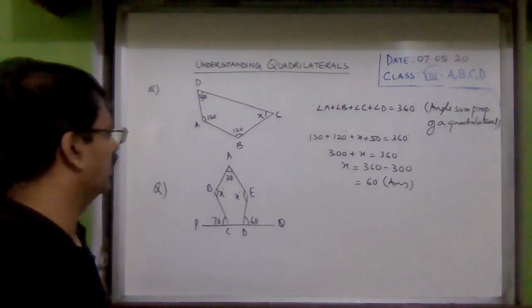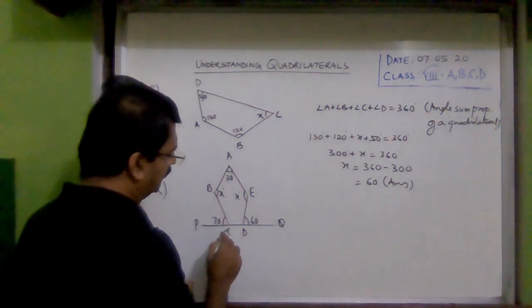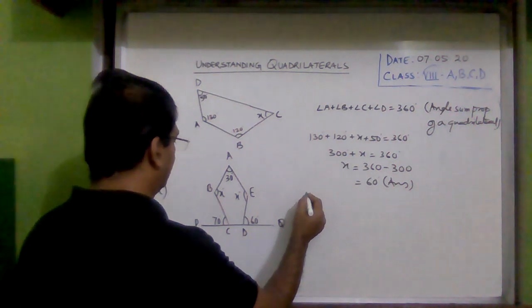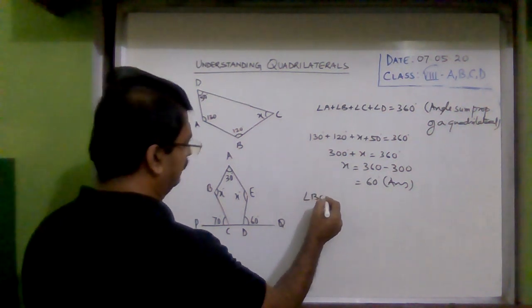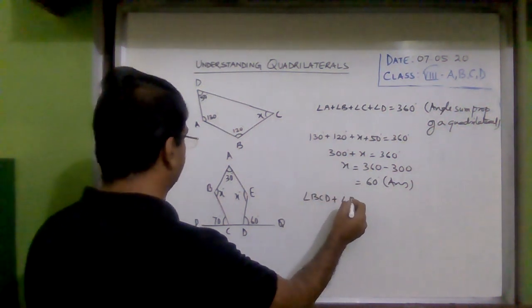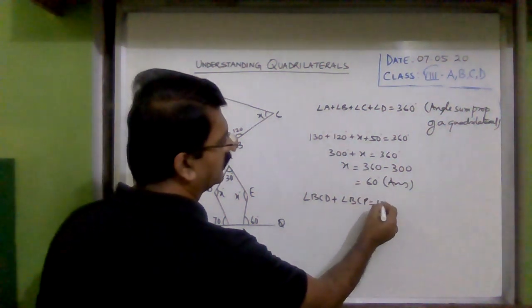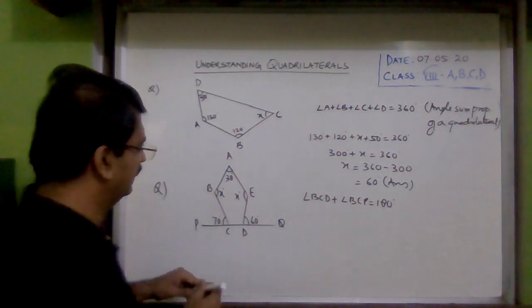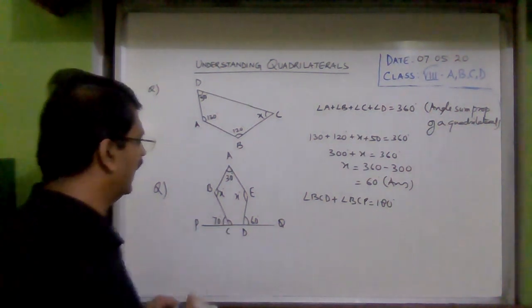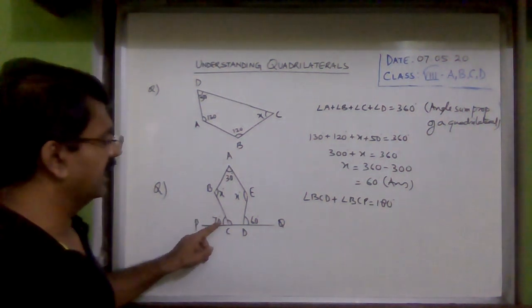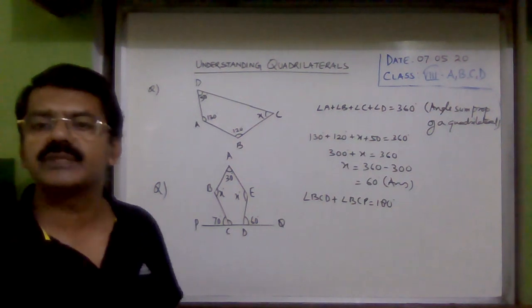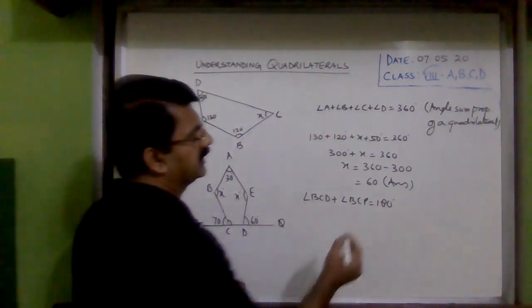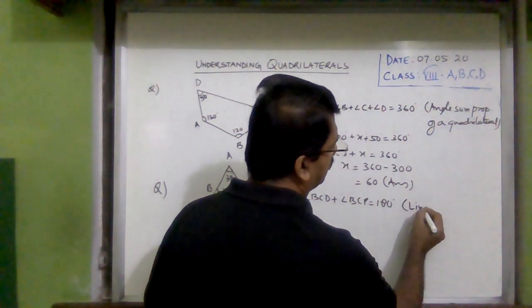Now first of all, you can see angle BCD plus angle BCP is equal to 180. Angle BCD means this angle, and angle BCP, this angle. Their sum is 180 because they are forming a linear pair. So in the reason you will write linear pair.